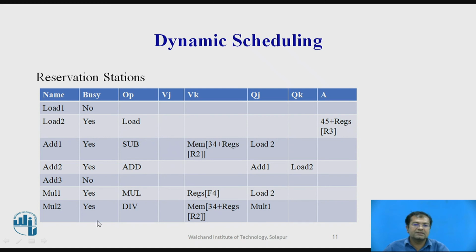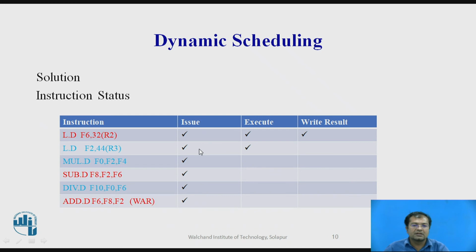Here, the busy column: the first instruction has executed, so it is not busy. The second, third, fourth and fifth instructions are busy, because they are supposed to execute and are busy in issuing the instructions. This Vk indicates the value with respect to the SUB instruction.